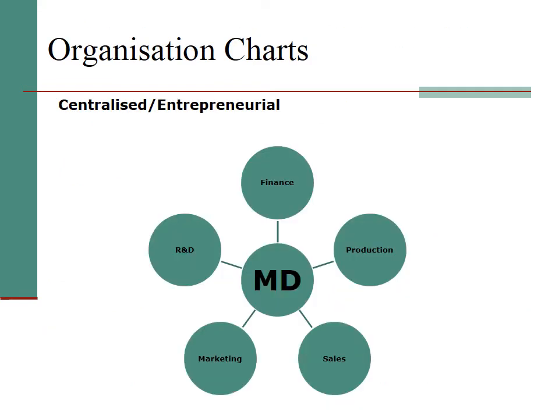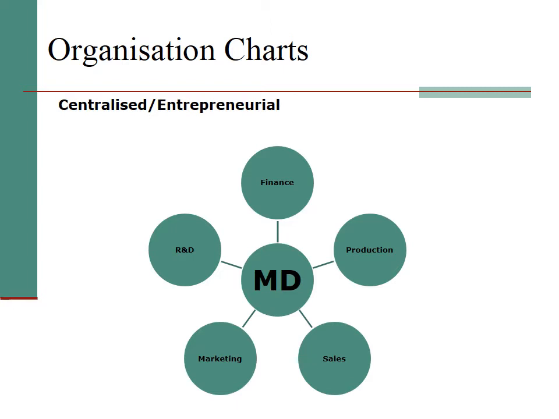Right, we're going to do some drawing here. So the first slide is a centralised structure. If you look at page 10 in your blue book, I would like you to draw this somewhere on that page. So you can see in the centre the MD, your managing director.